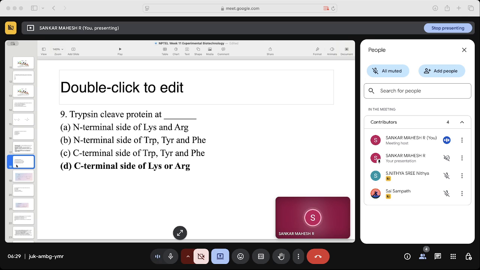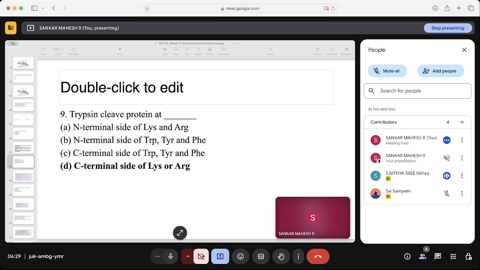Okay. Does anyone know what trypsin is? So, trypsin is a digestive enzyme, sir. Right. Okay, it's a digestive enzyme. What does it cleave? What can it digest?